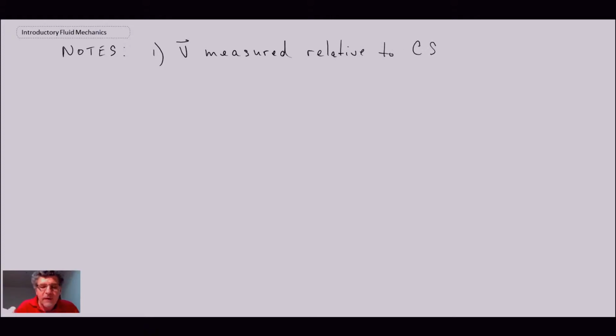First one is that the velocity vector is measured relative to the control surface. Second, things will deal with whether mass is flowing into or out of the control surface, and so we have to be a little careful with that.